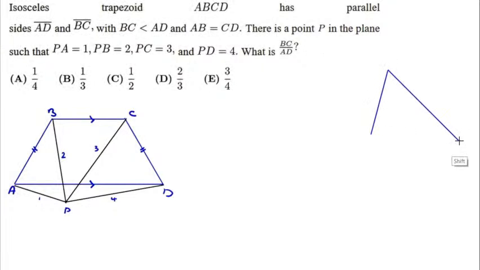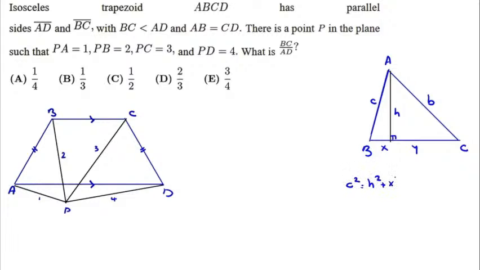I saw this in many problems of AMC, also in problems of AIME. It means what? When we have this, for example BC, and it is H, it is X, it is Y, it is B, it is C. So the Pythagorean theorem in the first part is C squared is H squared plus X squared.